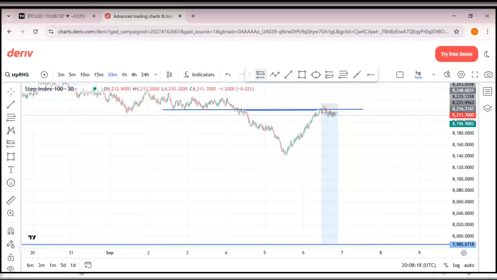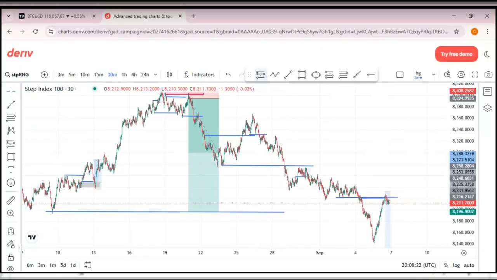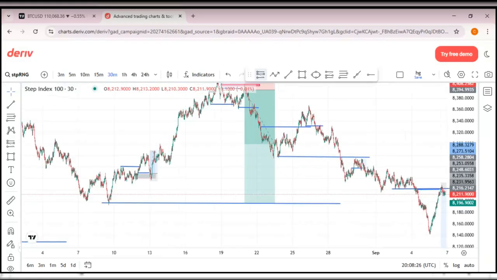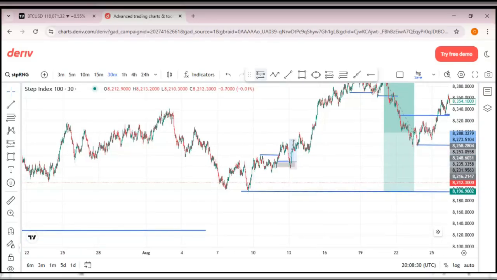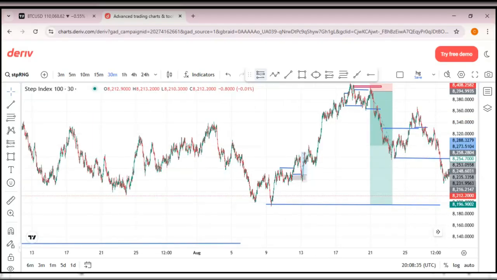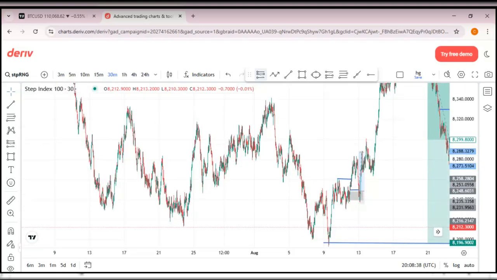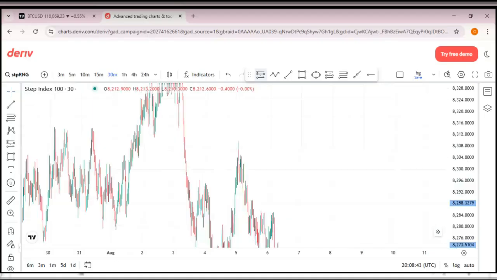So you can see price has been using the breaker block to keep doing things so far. So even here like this now, even here, breaker block was active. And this very zone here.